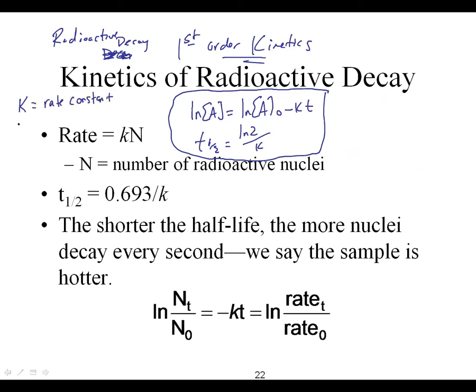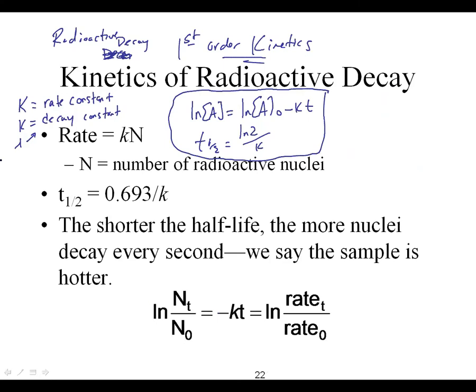In nuclear chemistry, the K is sometimes referred to as the decay constant. And also, as we'll see, some people actually use lambda for that as well. Again, you can still use the little k just like we did in kinetics.